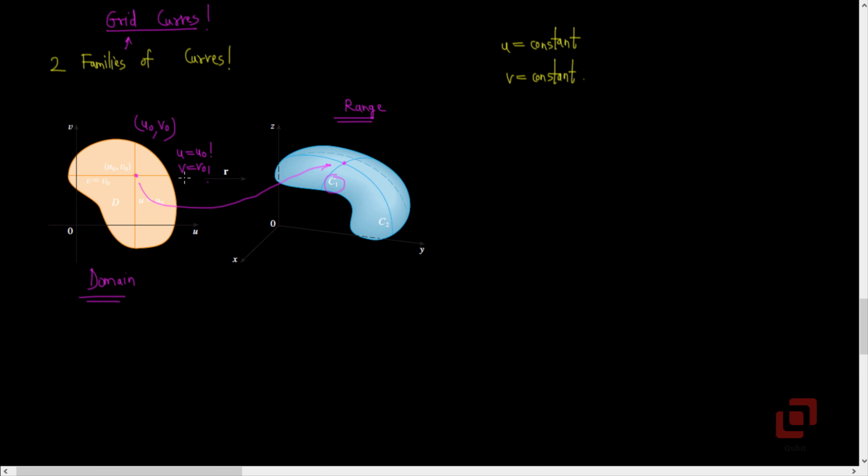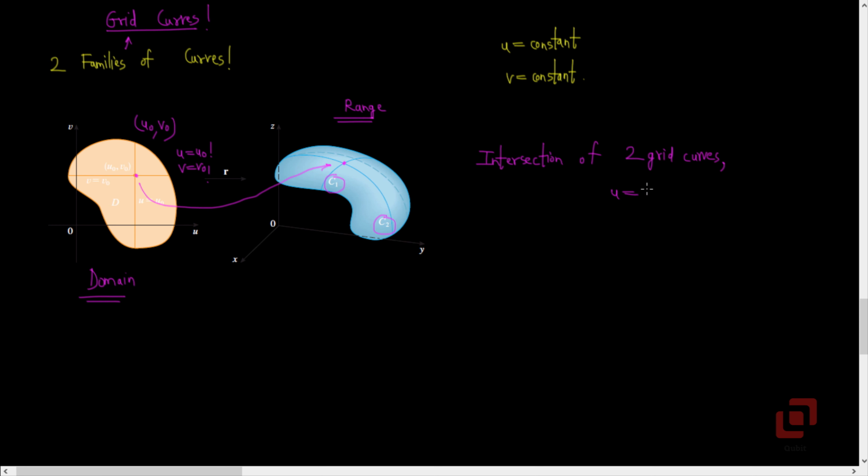Secondly, if we let v to be a constant, in this case v0, that is giving rise to yet another curve C2. In other words, every point on the surface in R3 can be considered as an intersection of two grid curves.